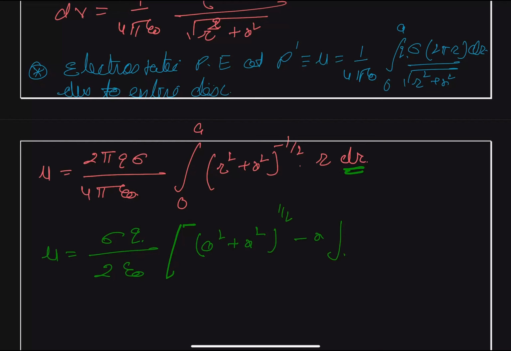So this is our electrostatic potential energy at point P, and it states that the particle is released from point P. So therefore we can use the conservation of energy.